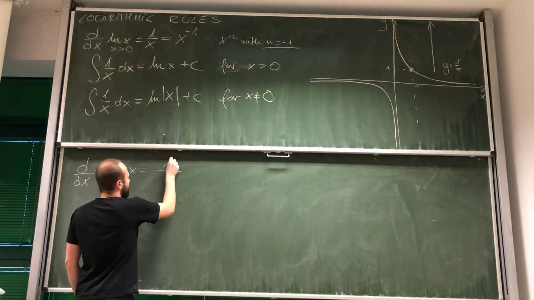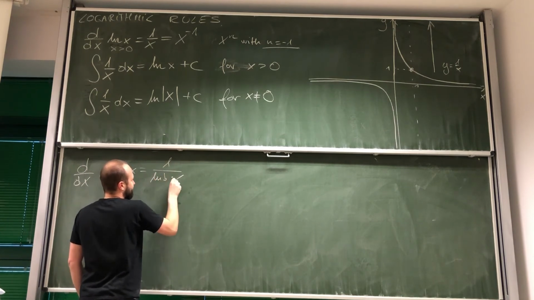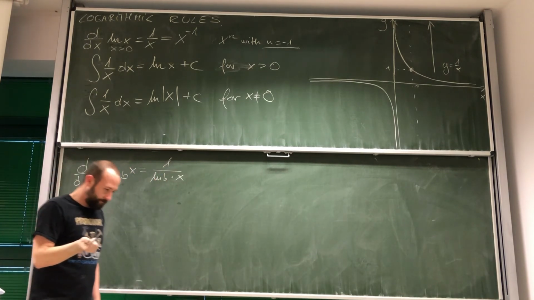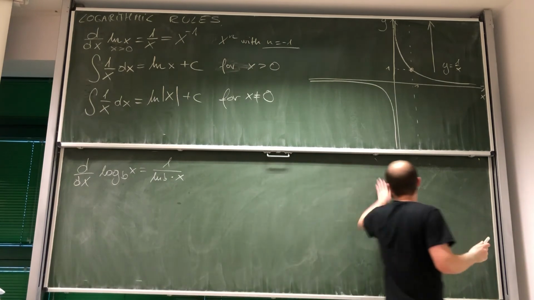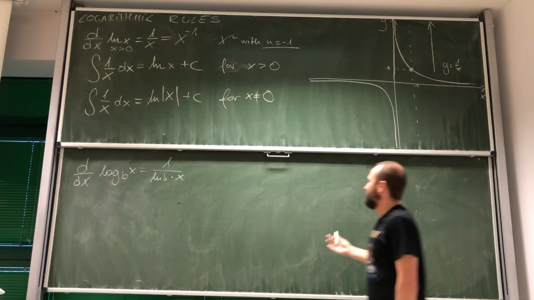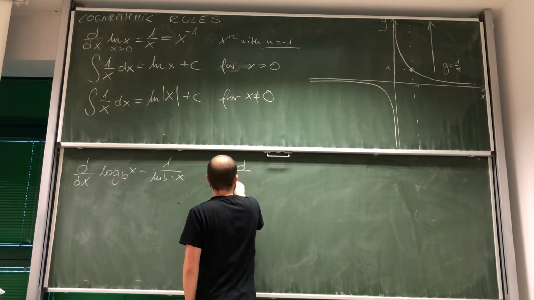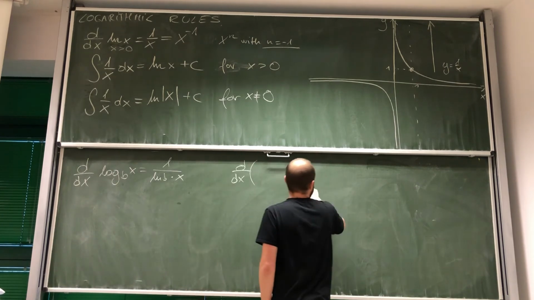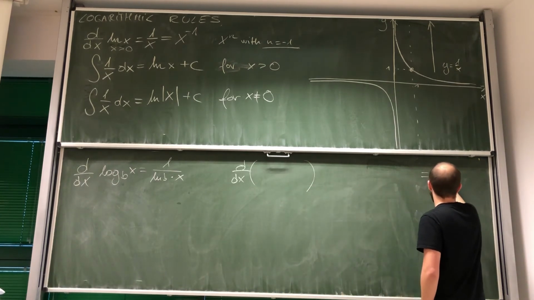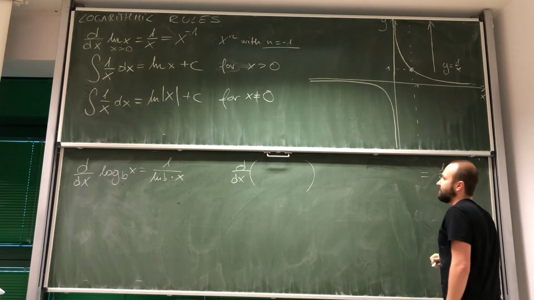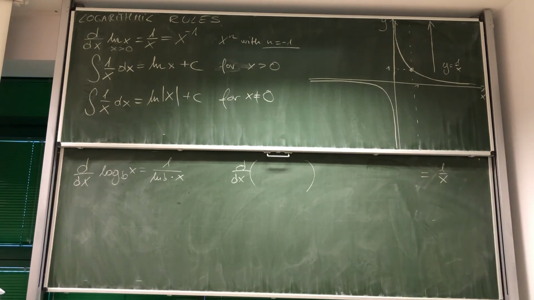That was 1 over ln b times x. So look, now what we are looking for is what function gives us the derivative 1 over x and will somehow be associated with the logarithm base b of x.